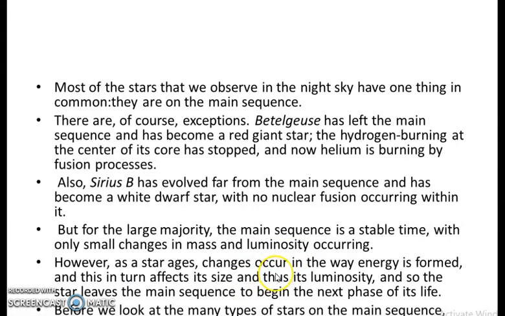So as long as the star is on the main sequence, there is no change in mass and luminosity. But as the star ages, there will be changes in the way in which the energy is formed. So this will affect the size and the luminosity. So, as the star ages, it leaves the main sequence and it begins the next phase of its life.